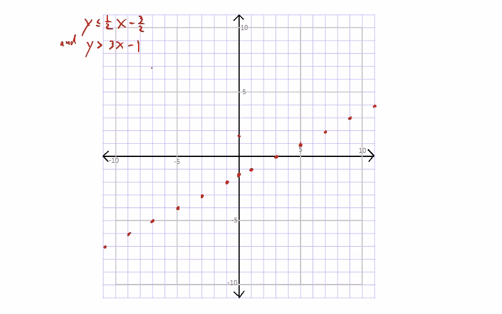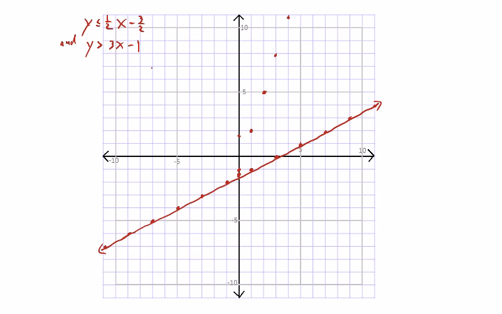Now I have a nice line plotted. Since it's less than or equal to, I'm going to make this a solid line, because our solution will include this line. When I look at the second equation, I want to plot the y-intercept at -1 and go up with a slope of 3 to 1, so up 3, 1 to the right, and so on.